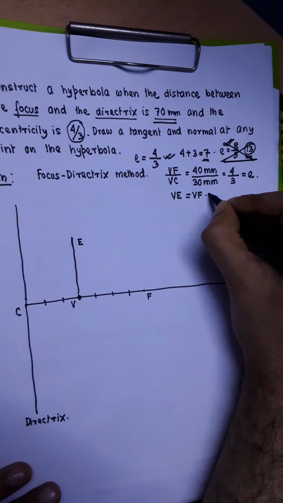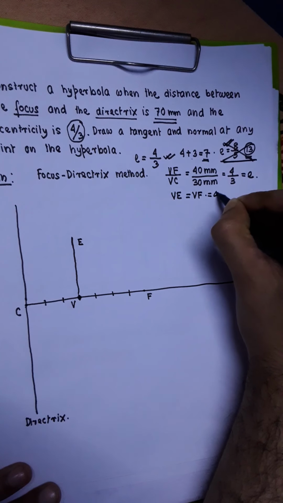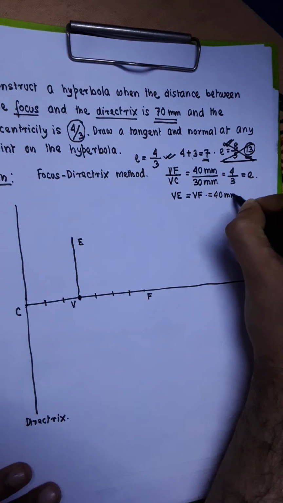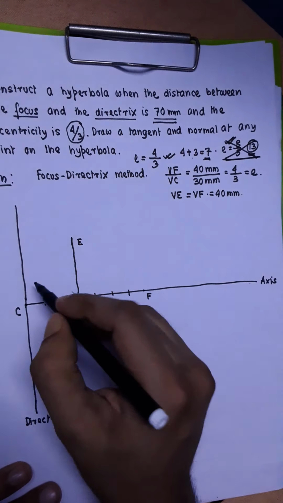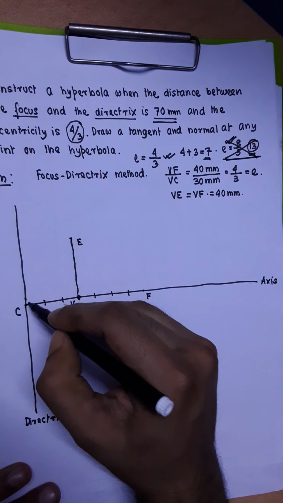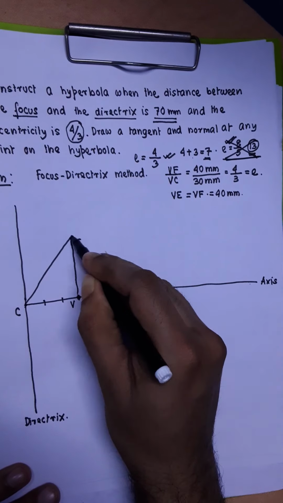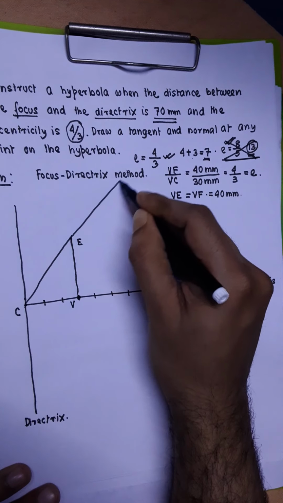So VF is 40 millimeter, so VE should also be equal to 40 millimeter. After doing that, you join C and E. These 2 points you join and extend this line.